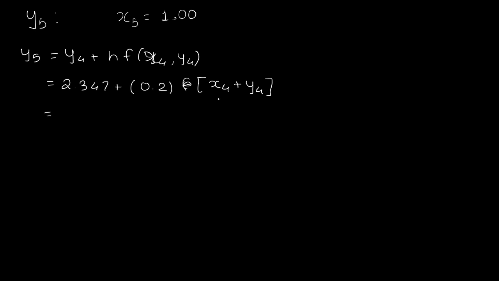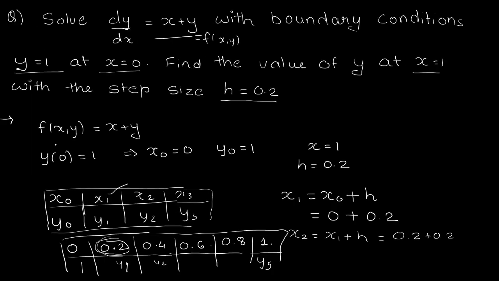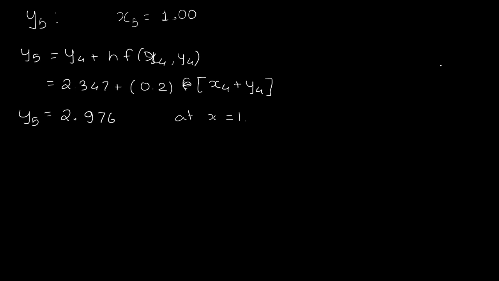X4 is 0.8 and y4 is 2.347. If you substitute all these values, you will get y5 equal to 2.976 at x equal to 1. That was my question, to find the value of y at x equal to 1. So now I have got my value: y of 1 is 2.976.